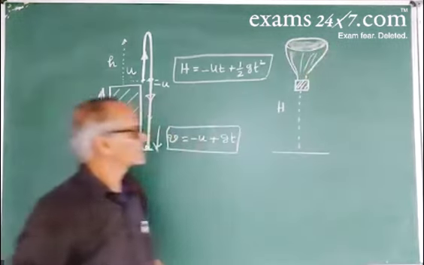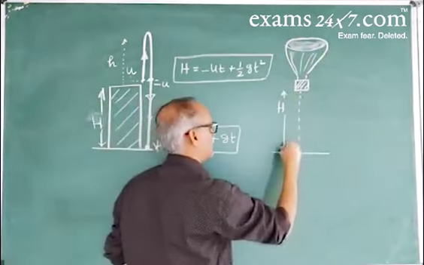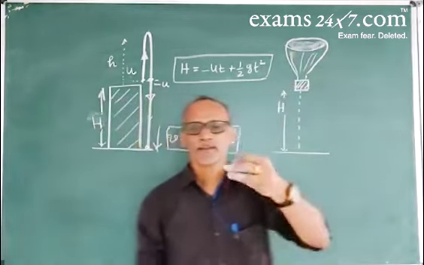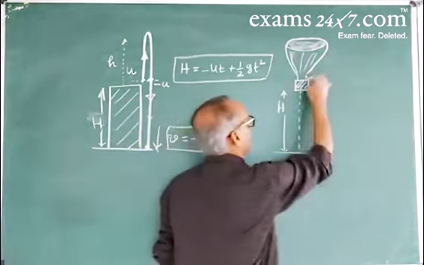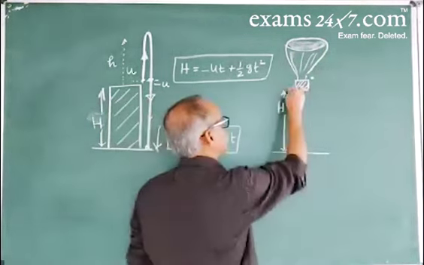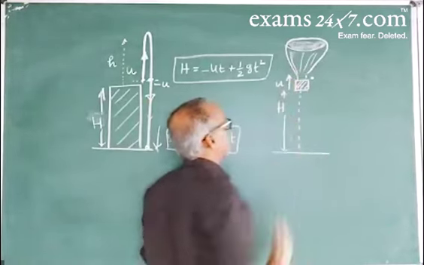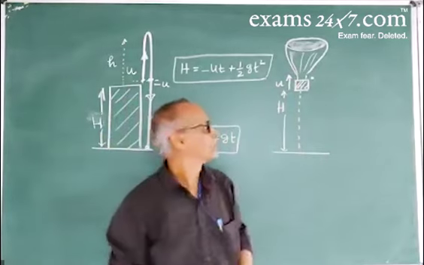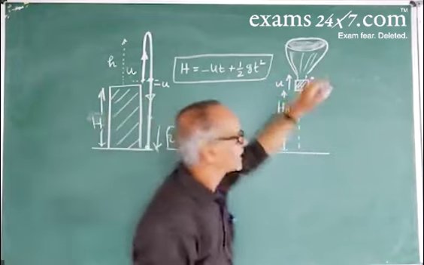A hot air balloon has reached a height h from the ground. And from that balloon, if a body is dropped, let us consider at this instant, let u be the velocity of the hot air balloon, which is ascending. If u is the velocity, h is the height above the ground, and from that, if a stone is dropped.